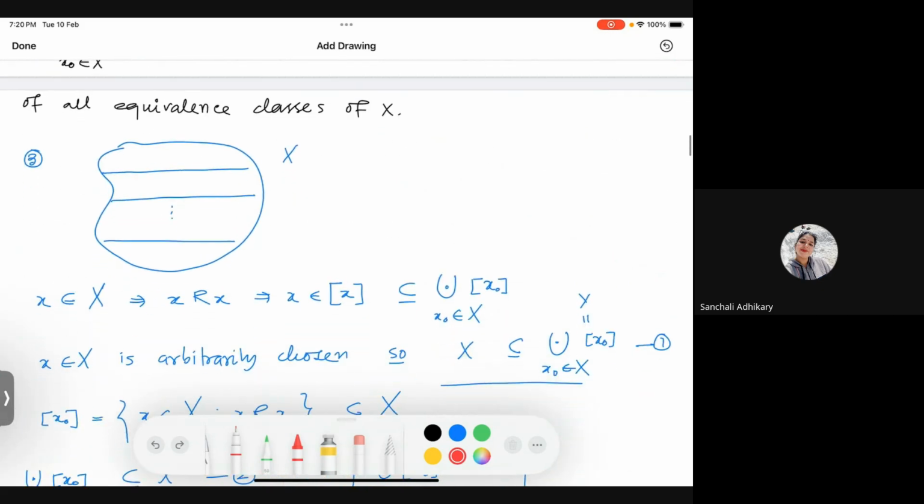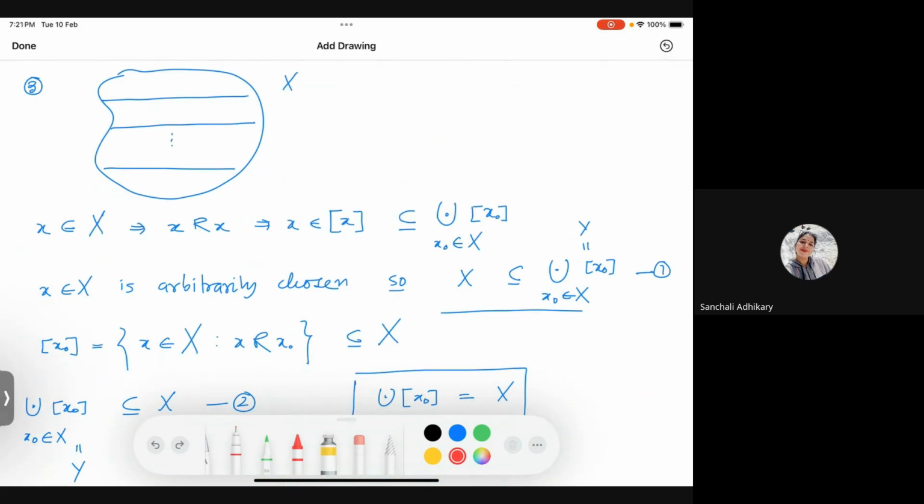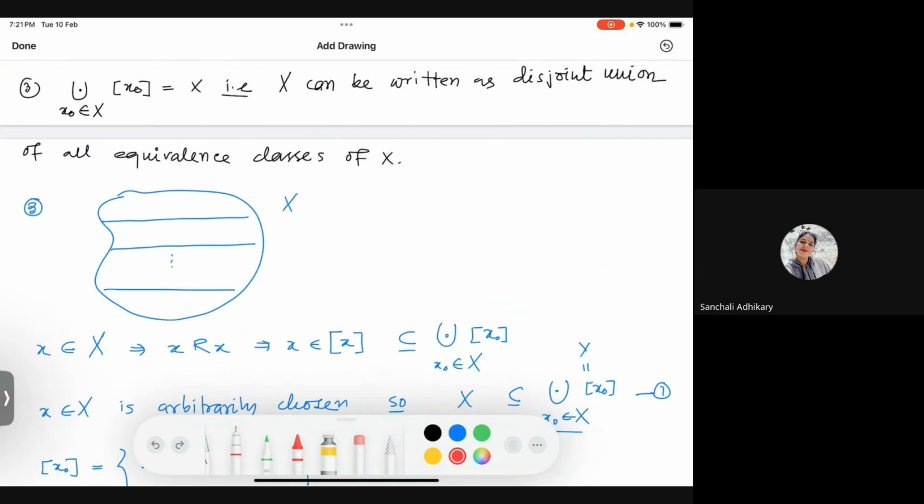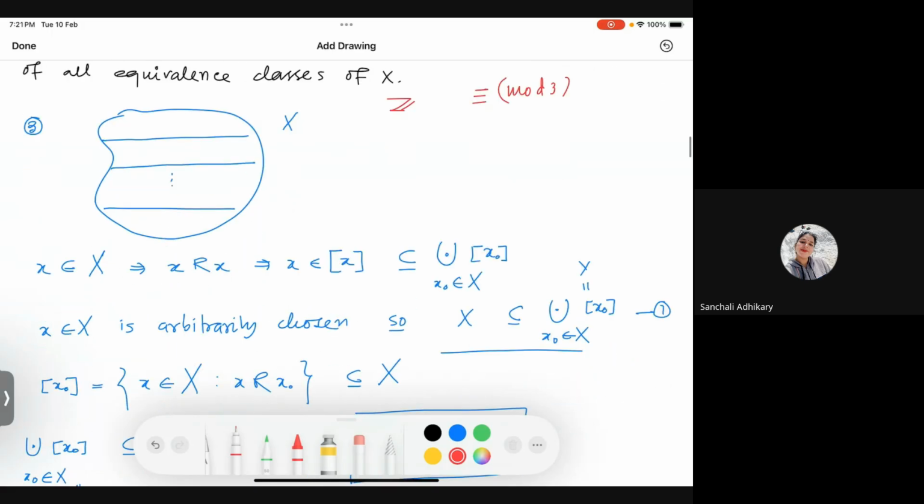Okay, now see, if this is the set X, then actually the classes partition the whole set. Actually, see one thing, for Z, if you have this relation mod 3, then this is 0 plus minus 3 plus minus 6 plus minus 9.